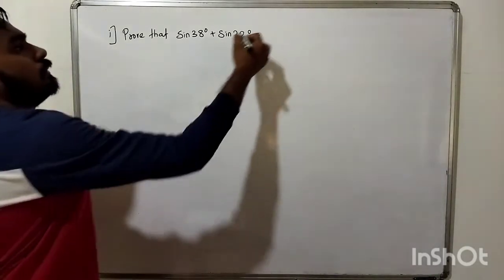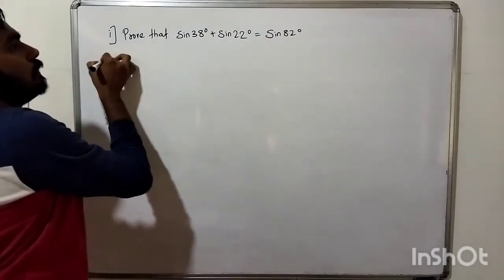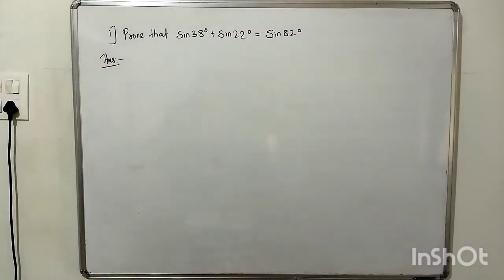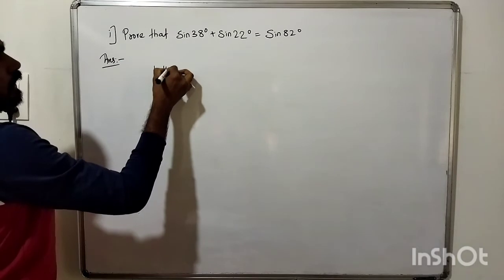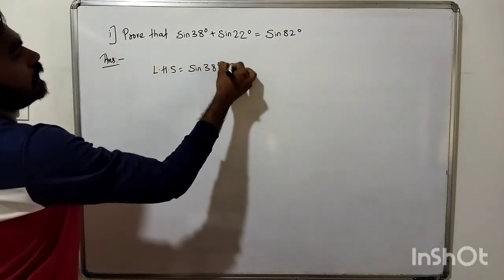This we have to prove. The first step is to take the LHS. LHS is sin 38 plus sin 22.